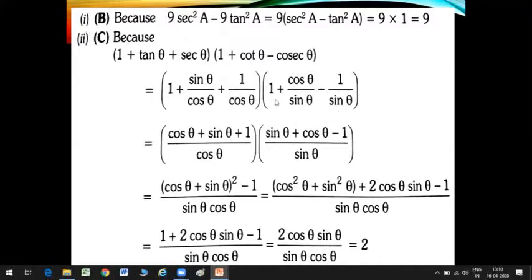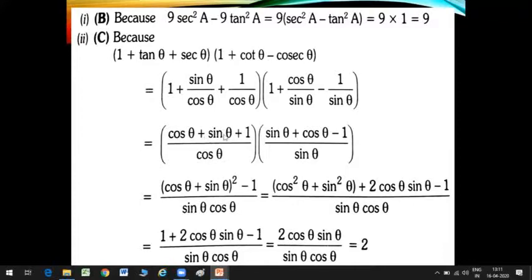In the first bracket, take cos θ as LCM, then cos θ plus sin θ plus 1 in the numerator. In the second bracket, take sin θ as LCM, then sin θ plus cos θ minus 1 in the numerator. In the numerator, you observe it is cos θ plus sin θ.